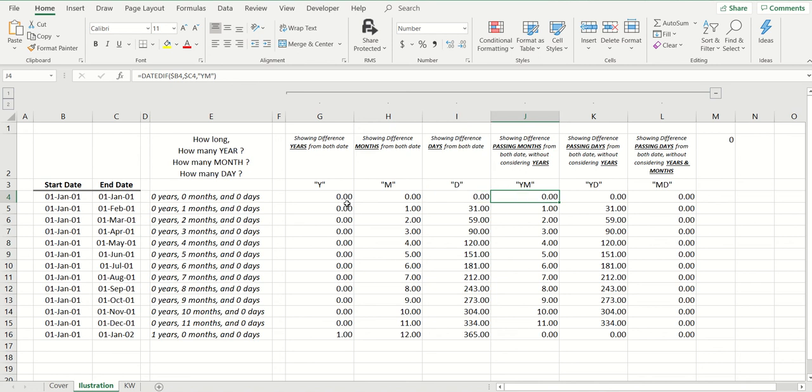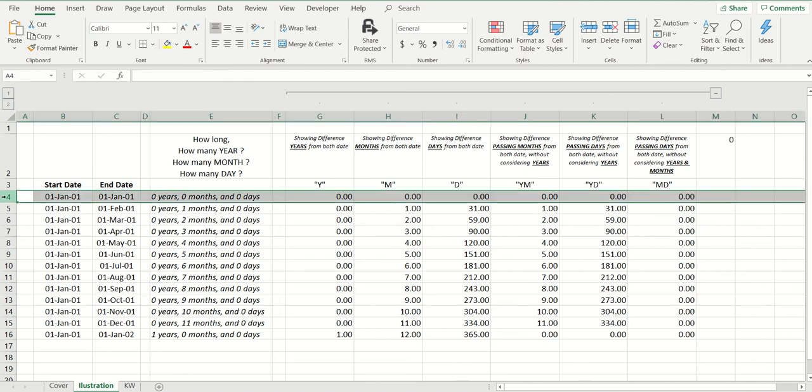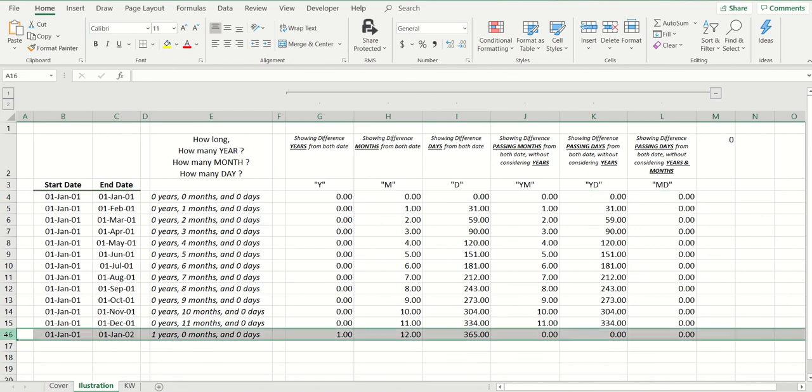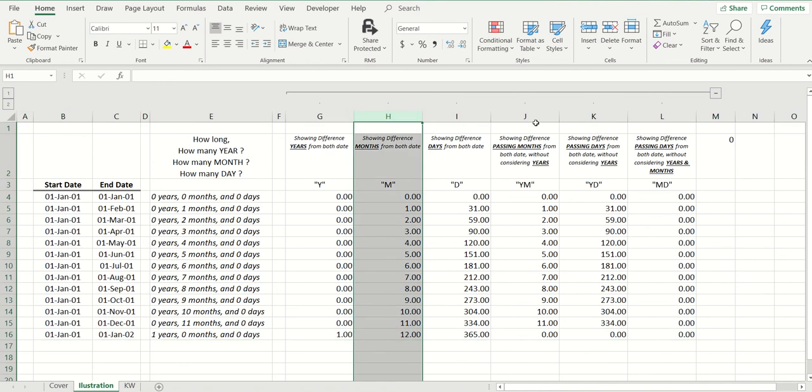The fourth format, YM, shows the difference in passing months from both dates without considering the years. That is why, if you see row 4 and row 6, column H and column G have different results.